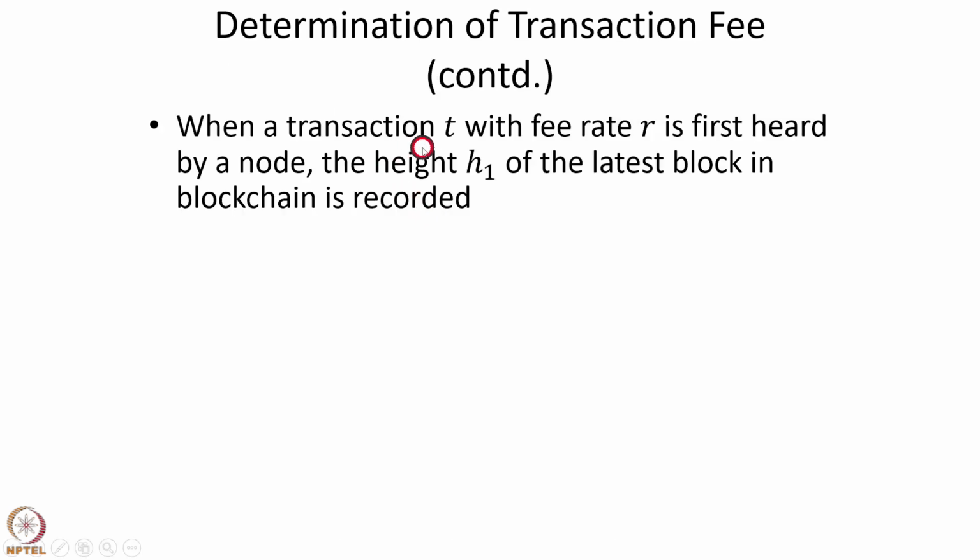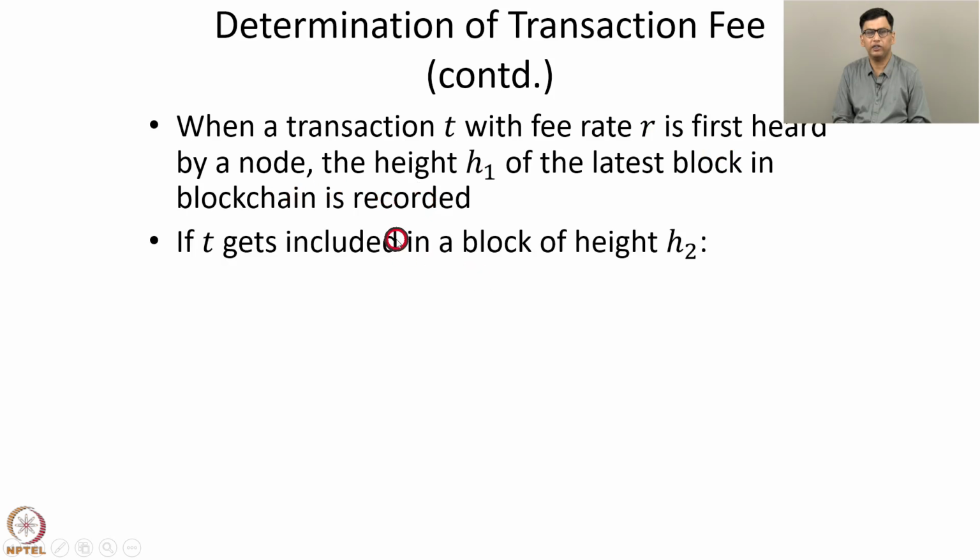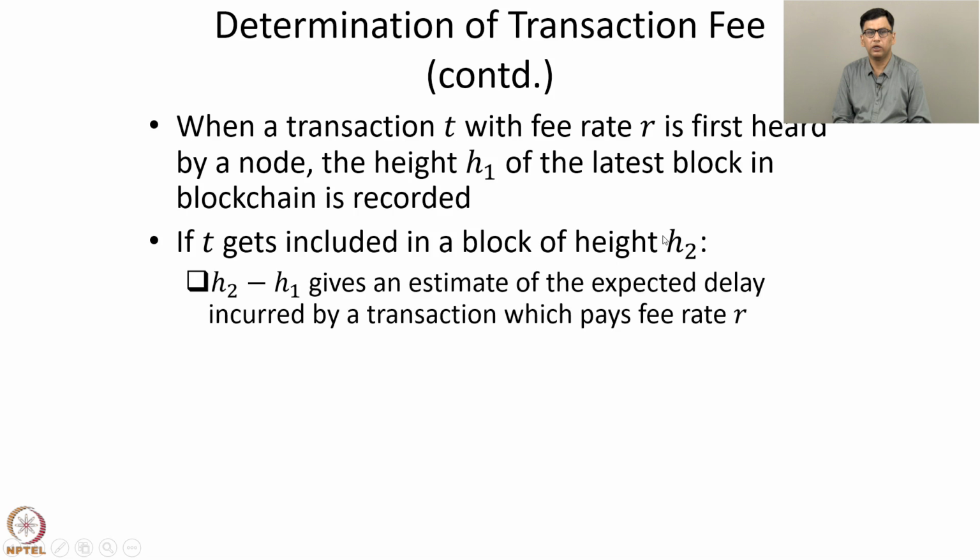When a transaction T with fee rate R is first heard by a node, then the height h1 of the latest block in the blockchain is recorded by the node. If T gets included subsequently in a block of height h2, then h2 minus h1 gives an estimate of the expected delay incurred by a transaction which pays fee rate R. So as the fee rate R increases, typically this delay h2 minus h1 will reduce.